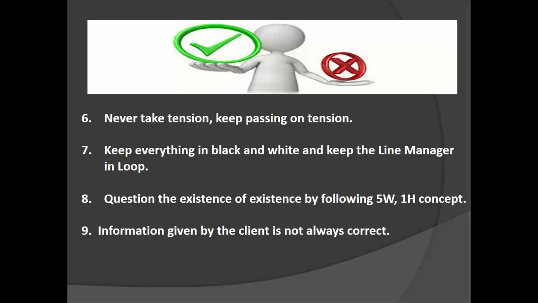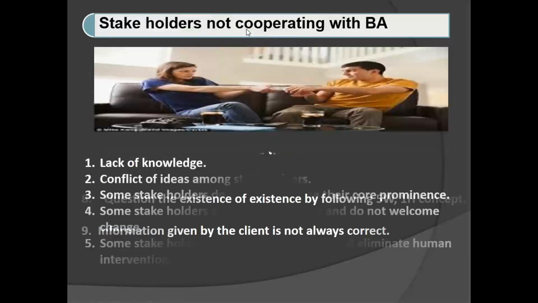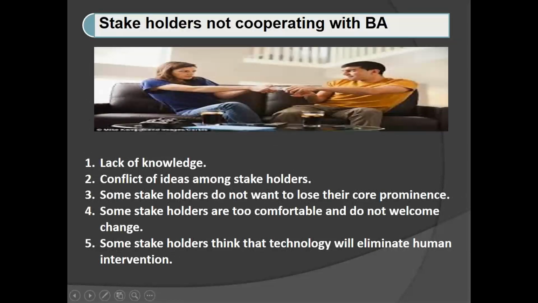Then the next one is why stakeholders are not going to cooperate with BAs. What are the reasons? Sometimes the stakeholders won't cooperate with the BA. Here are the reasons. The first one is lack of knowledge. That means if a stakeholder does not have any kind of knowledge on the information we require, then he won't cooperate with the BA.